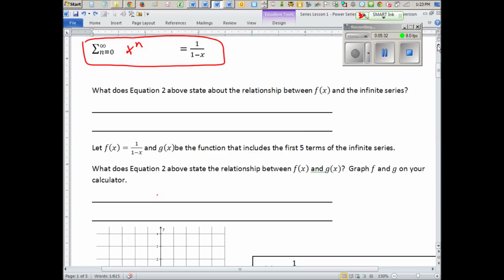It's just basically saying that 1 over 1 minus x can be written as an infinitely long polynomial, and I use that word loosely. It's really a series, but look, it looks like a polynomial. 1 plus x squared plus x cubed plus x to the fourth plus x to the fifth plus blah blah blah.